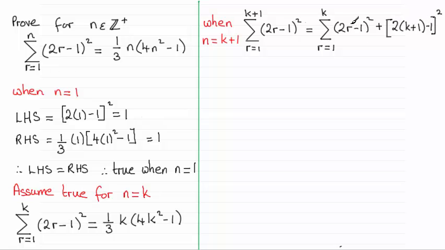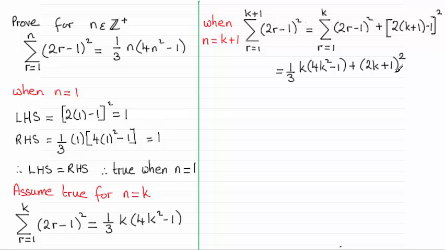So the next step is to write in what this is. We have assumed that, if this is true, it's the same as 1/3 k times all of 4k squared minus 1. So we can substitute that in there. If you do that and clean this all up, then you get this here.